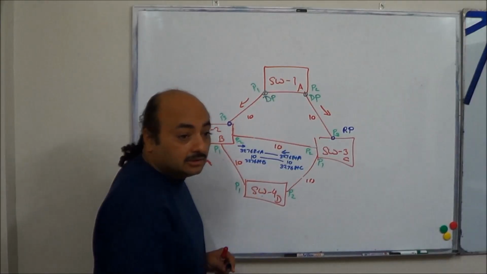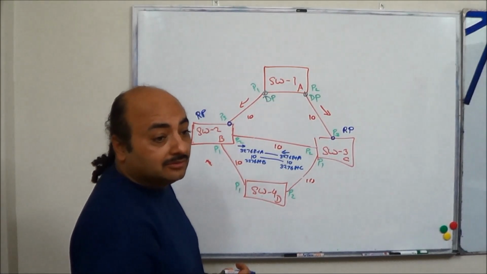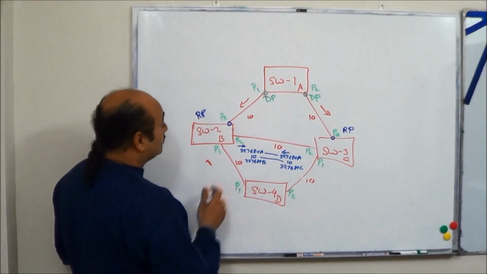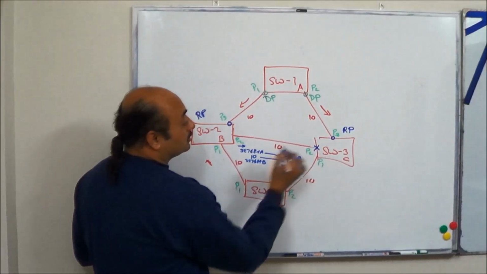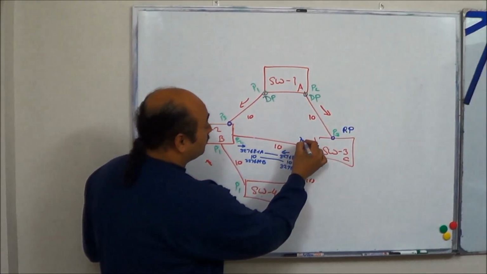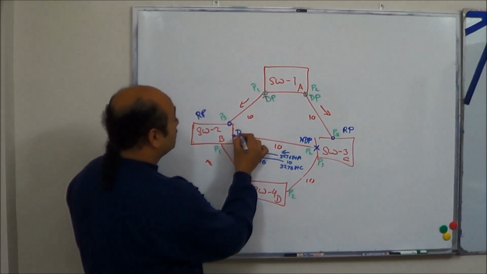So for electing the DP and NDP, what was the tiebreaker? Sender port ID. So which one will get blocked? This one gets blocked. NDP. This becomes DP.